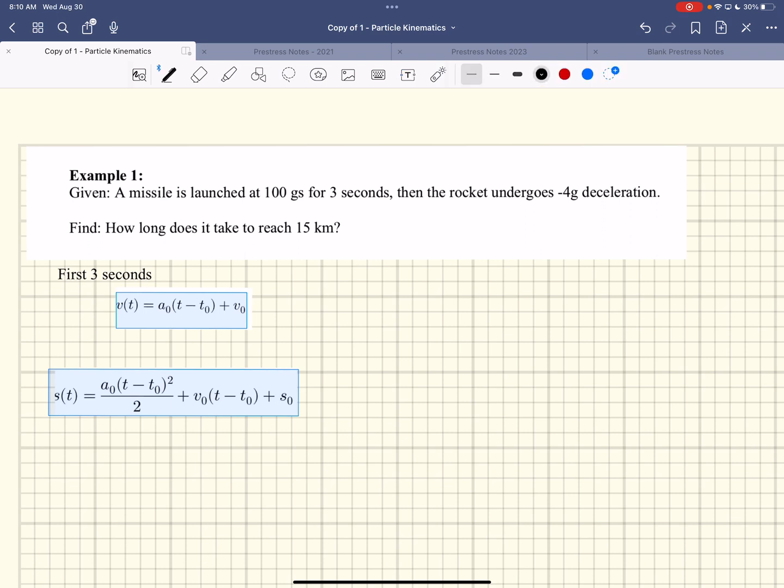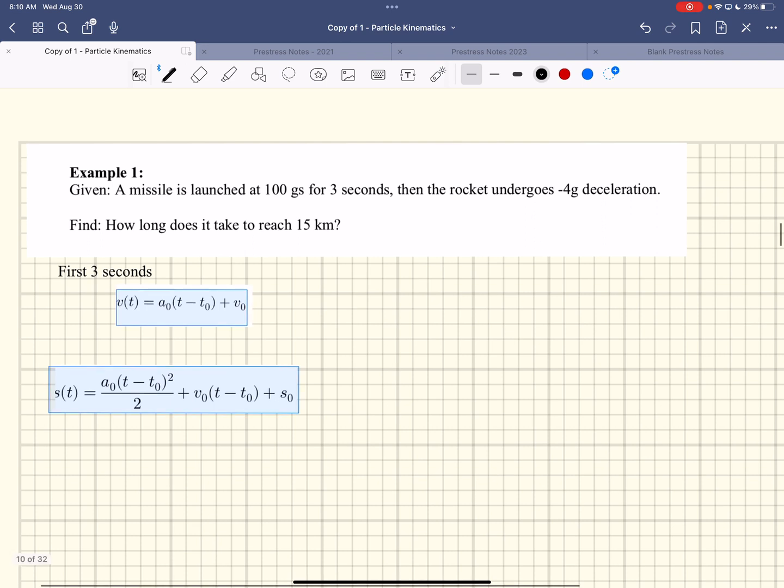Okay, so at this point right here, I'm going to plug in the values that we know. So in this equation right here, first 3 seconds, I know all these variables.